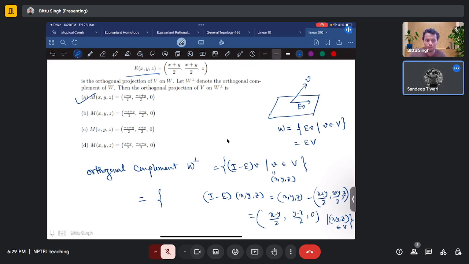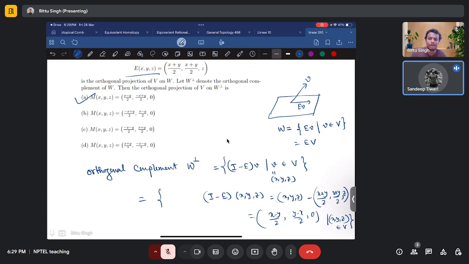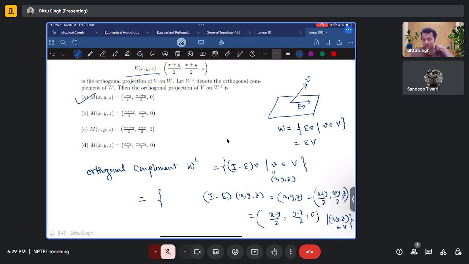Exactly, you can do it that way too. If we are able to find any vector which is perpendicular to both the basis vectors, then it will form W perp. We generate W perp by that vector.